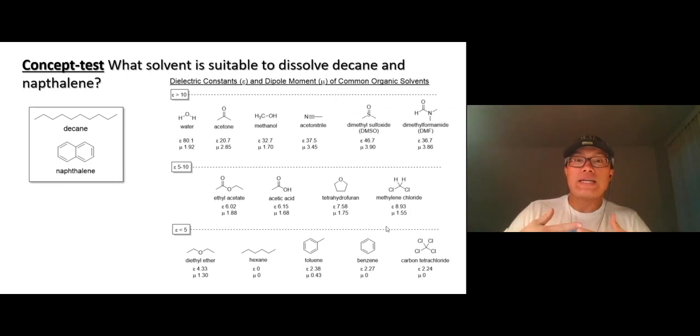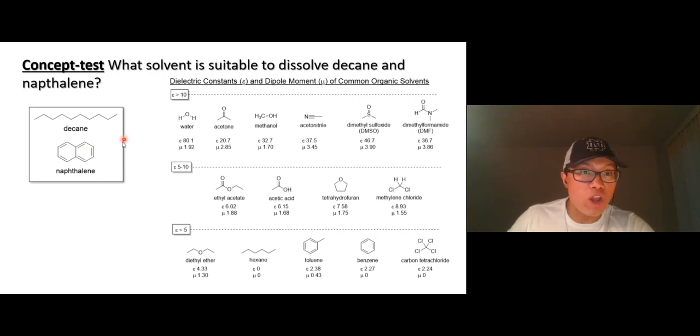All right, so if you understand the concept of it, we have these two compounds. If I want to dissolve these two compounds, what type of solvent should I use? If you still remember from Gen Chem 2, polar compounds love to dissolve in polar solvents. Non-polar compounds, non-polar solvents.